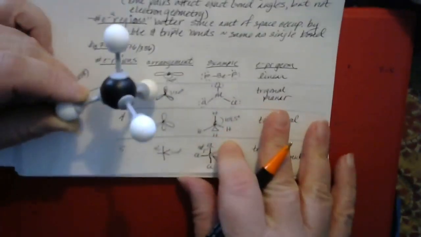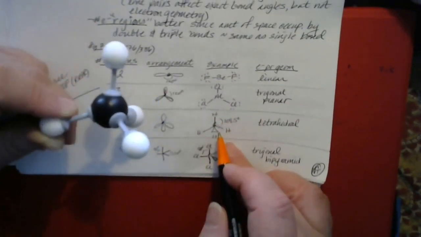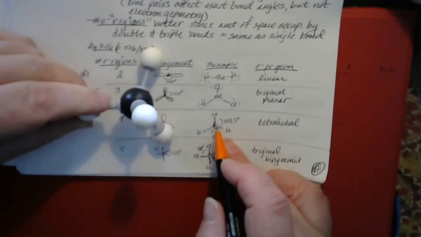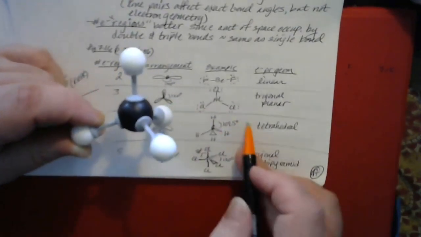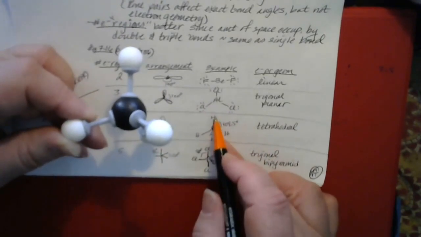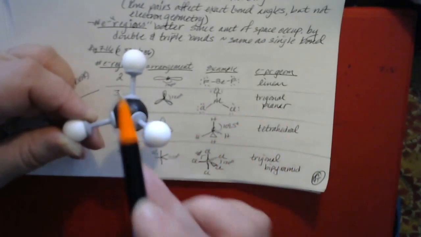Or like this. The best way that I've found to draw by hand a tetrahedron on a flat piece of paper is something like what I've got here, where the straight lines would be bonds that are flat against the paper.